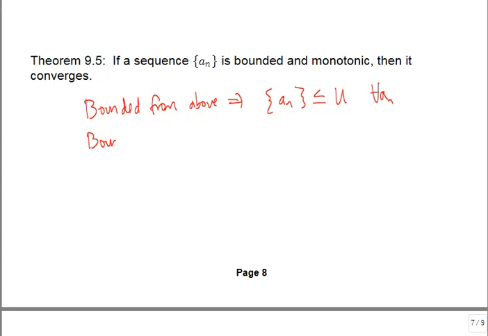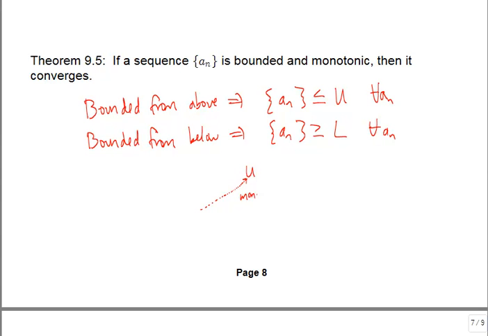If you're bounded from below, then all of your terms in your sequence have to be greater than or equal to some lower bound for every a sub n. So if you think of your terms as having sort of this upper bound, if you're monotonically increasing, you're either staying the same or getting bigger, but if you're bounded from above, you can't get any bigger than that u.